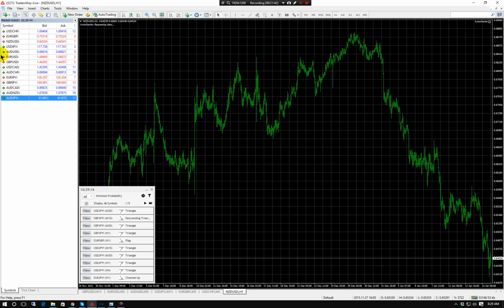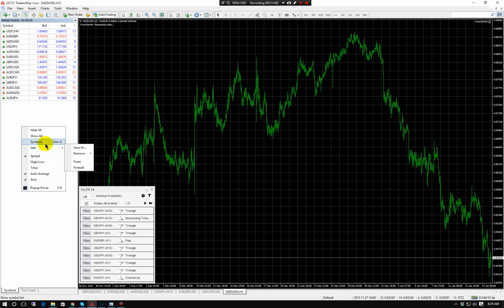A lot of people don't know that about MarketWatch, that you can configure this to what you want. Because you can do show all, and if you do show all, it brings in a ton of pairs. You can configure MarketWatch to have just those pairs there. So this expert advisor feeds off of what's in your MarketWatch. By the symbols that I have there, it's giving me 5 pages worth.